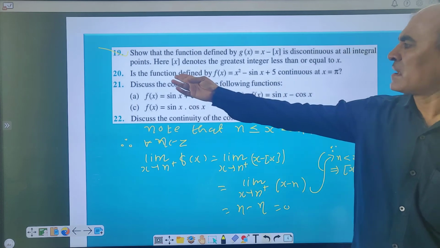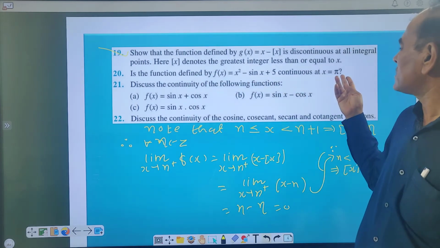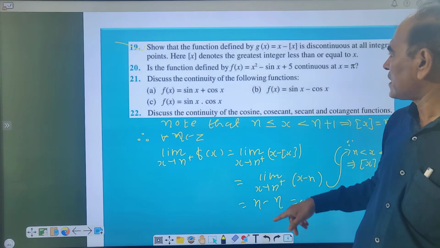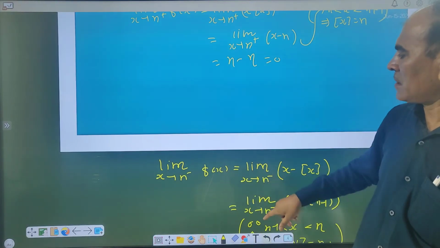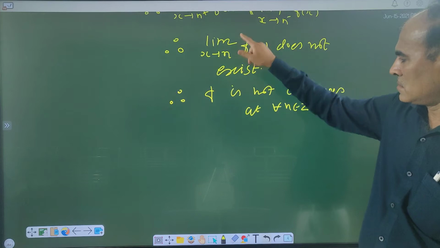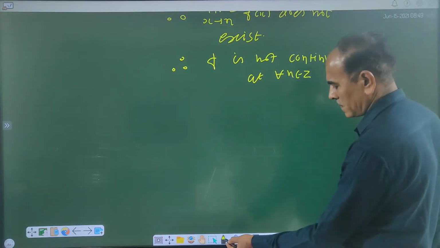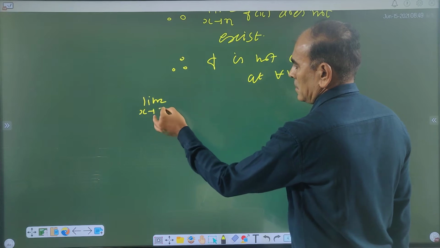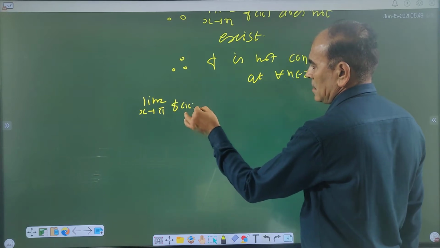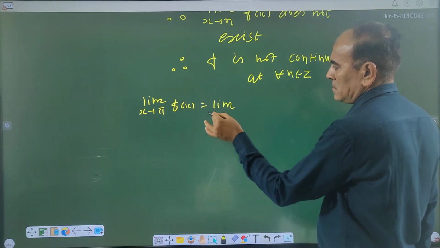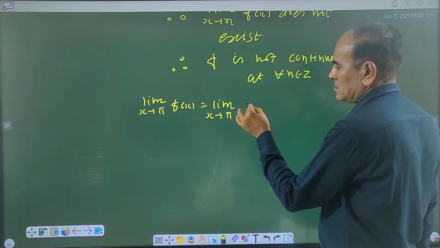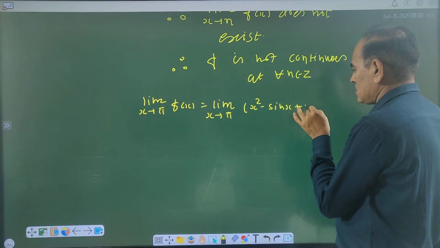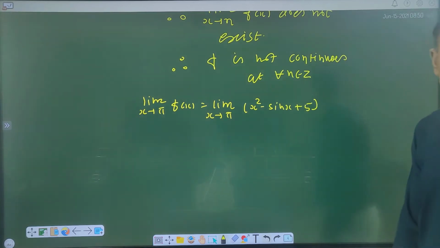Twentieth, a very simple example. Show that this function is continuous at x is equal to pi: f(x) is equal to x square minus sin x plus 5. Find that limit. Limit x tends to pi of f(x) is equal to limit x tends to pi of x square minus sin x plus 5.